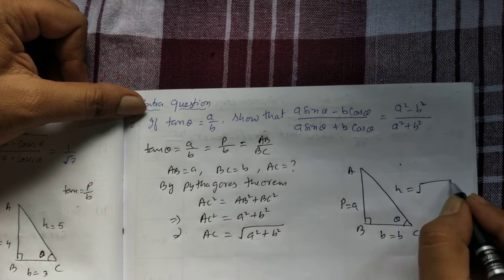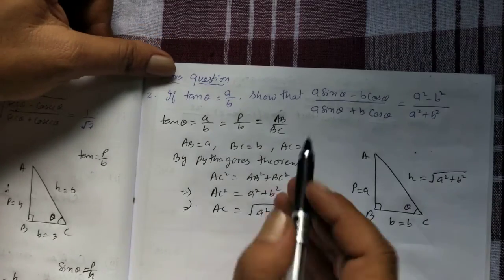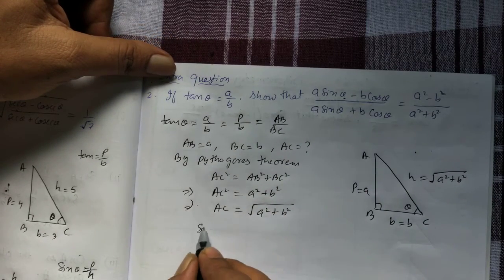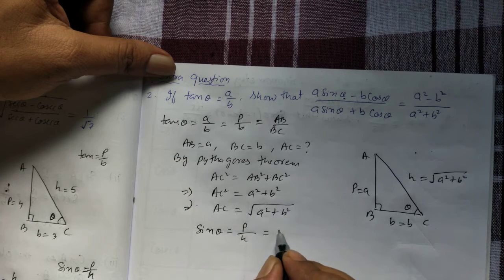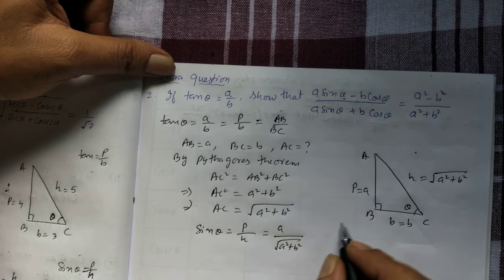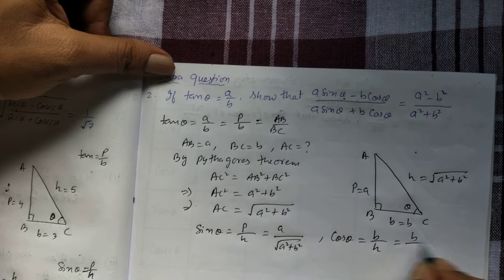So your H is root over A square plus B square. Yeah, we got the H. We need sine and cos, so find sine. "Some people have", that means A by root over A square plus B square. Then find cos, "curly brown" here, that is B by root over A square plus B square.